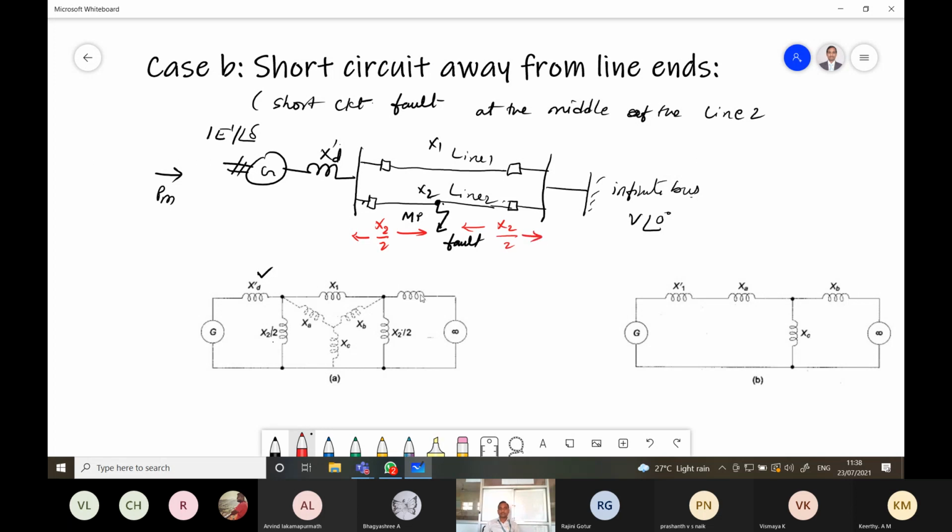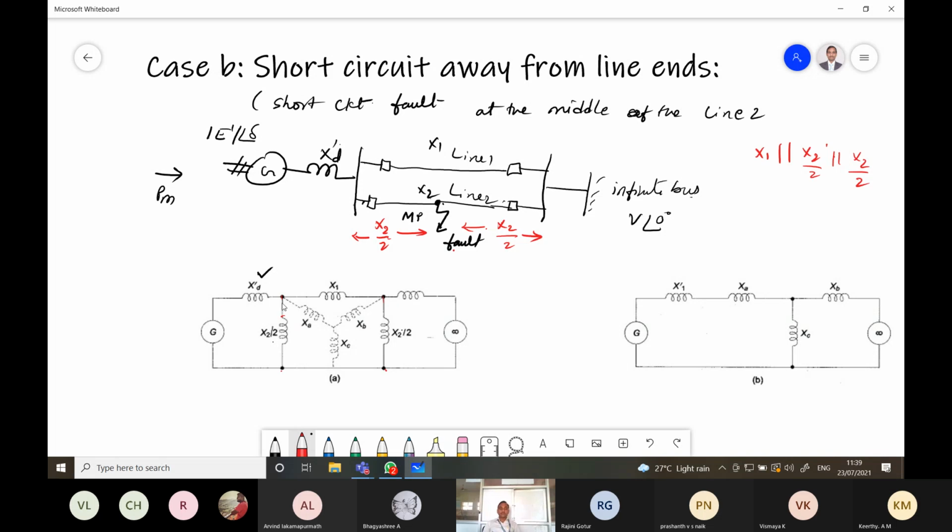X1 is parallel with x2 by 2 and again parallel with x2 by 2. Because the three-phase fault occurs at the middle of the line, x2 is divided into x2 by 2, x2 by 2. We can represent x2 by 2 in shunt, with x2 by 2, x2 by 2 and x1.